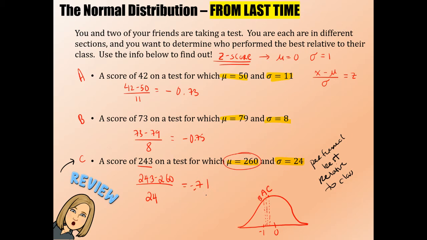They're only 0.71 standard deviations below the mean, whereas this one's a little bit more. It's really close, but to directly answer this, student C would have performed the best. And so what we're doing here is using z-scores so that we're comparing them all to have the same mean and the same standard deviation. Right now it's not comparable until I take a look at these z-scores.